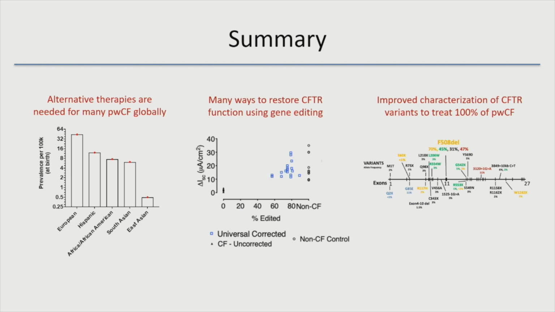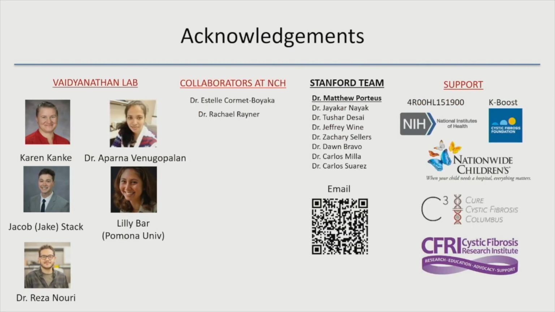As we improve our characterization of both CFTR variants and genetic variation across the world, we will improve our ability to treat 100% of people with CF, which I think is our ultimate goal. With that, I'd like to thank my current group and my mentor, Dr. Matt Porteous, and the Stanford team, and all sources of support. I'm open to questions.